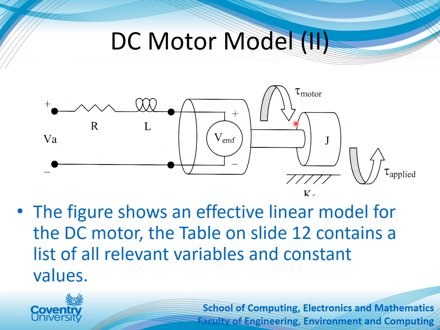You'd have the motor torque, which would be tau motor, this here. You'd have an applied torque, which would be the load which is actually applied, and those two are measured in Newton meters. You've got your resistance here, which is your nominal terminal resistance in ohms. You've got your rotor inductance measured in henries.